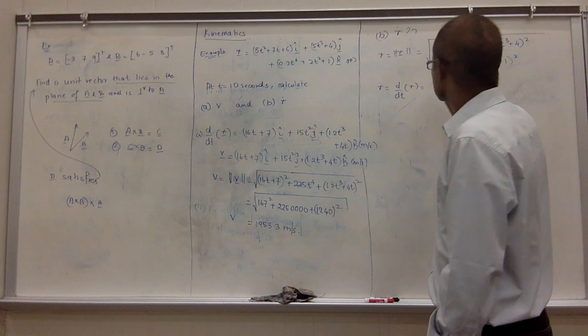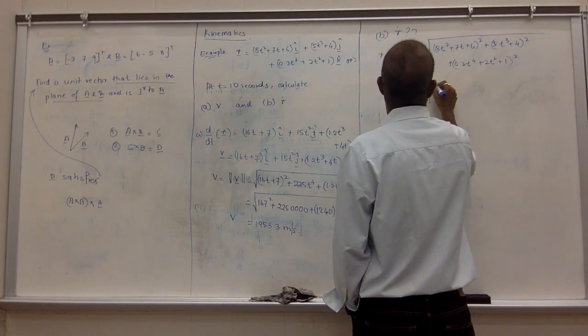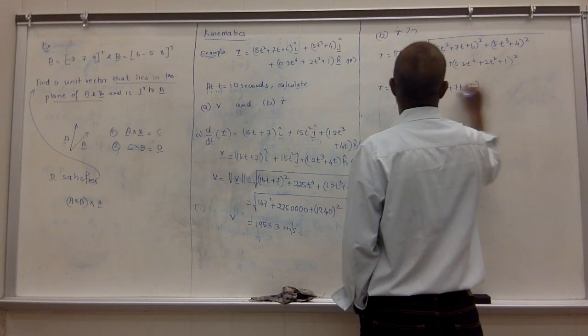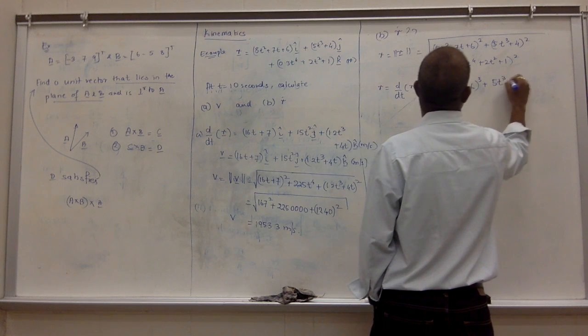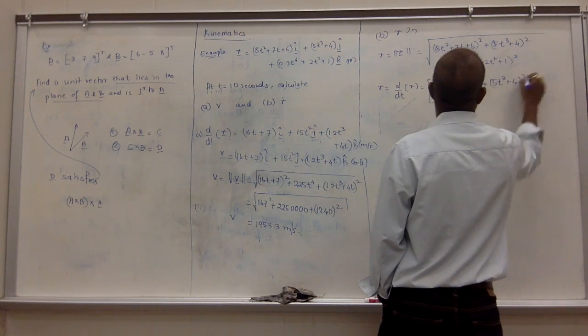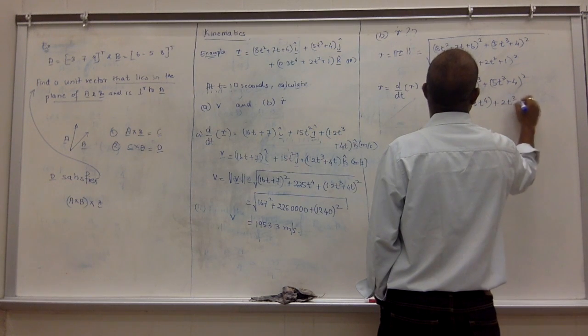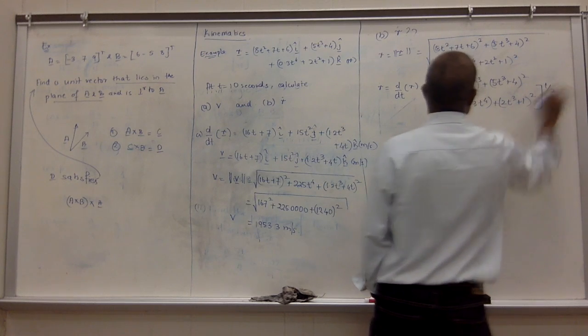No, it is just that, see, this is what you have: 8t square plus 7t plus 6 cube plus 5t cube plus 4 square plus 0.3t^4 plus 2t squared plus 1. I'll show you why it is not different. The whole raised to half, right?